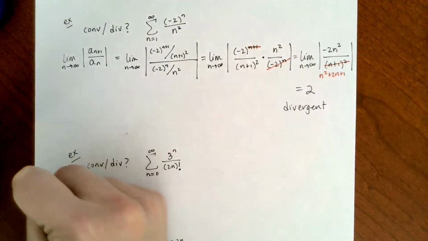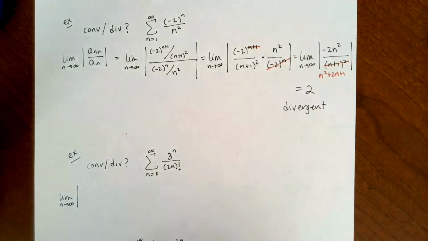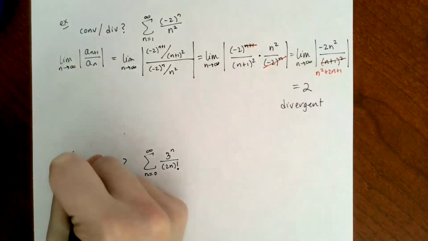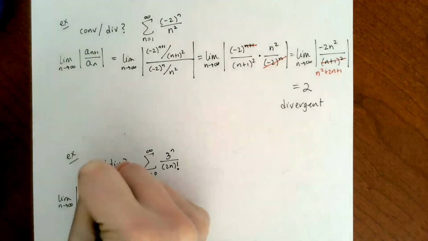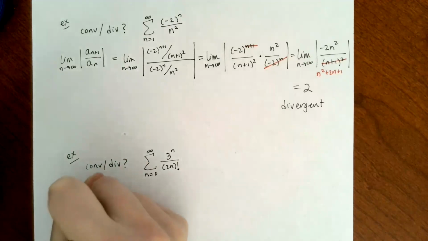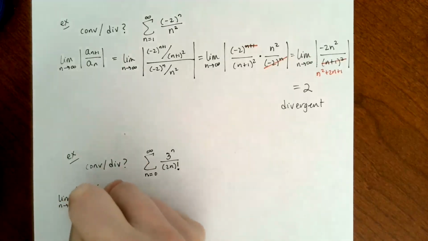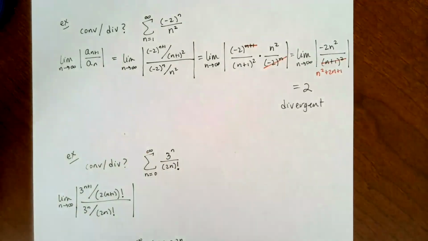We want the limit as n approaches infinity, absolute value of the n+1 term over the n term. This looks really hideous, just like before.